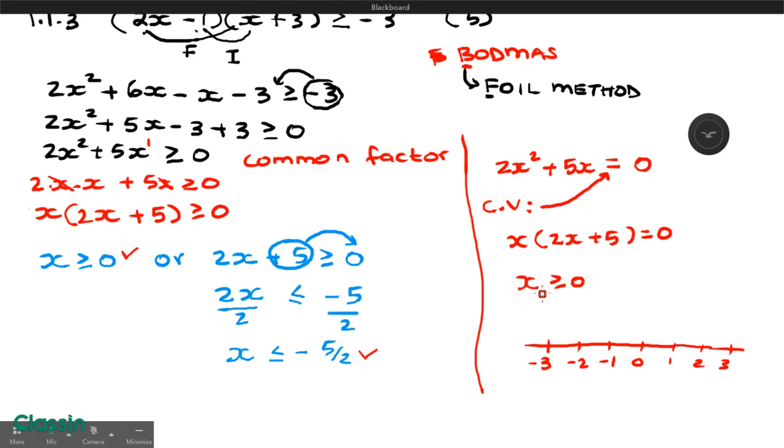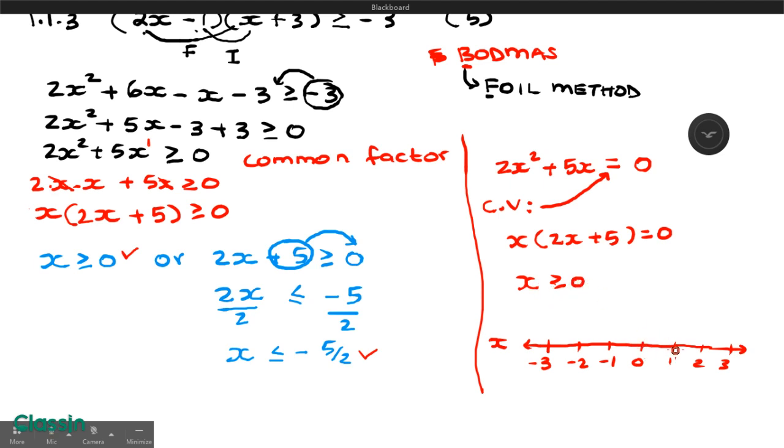Which value can I put here so that the answer is 0 or more? These are the x values. Which x value can I put here so that the answer is greater than 0? If you put negative 3, will the answer be greater than 0? The answer is no. If you put 0, will the answer be equal to 0 because you have got the equal sign? Yes. What number beside 0 can you put so that the answer is greater than 0?